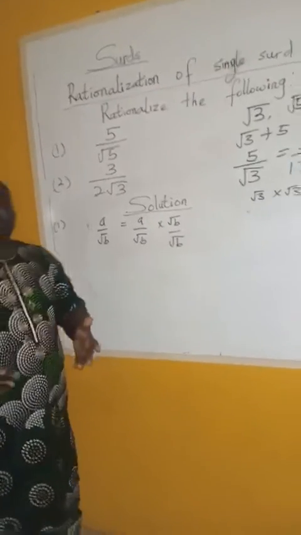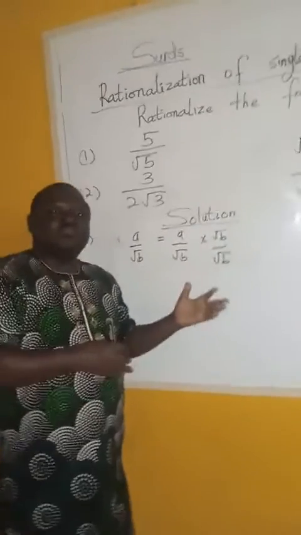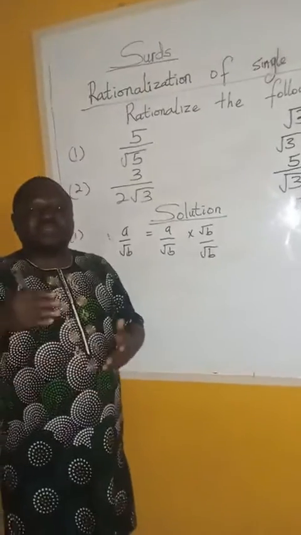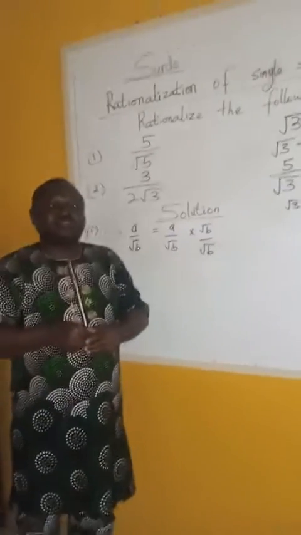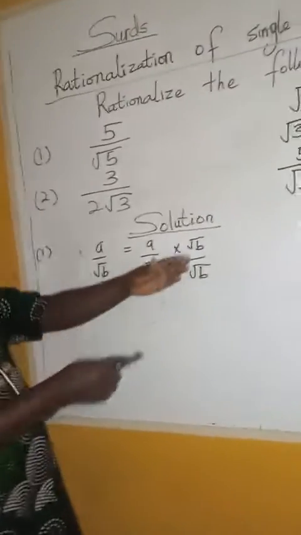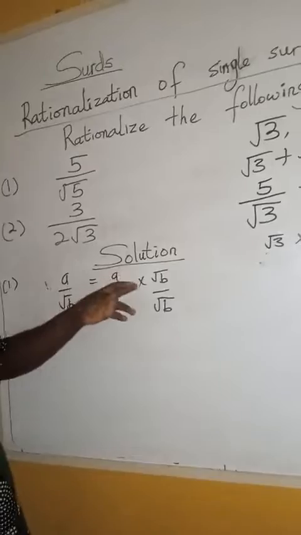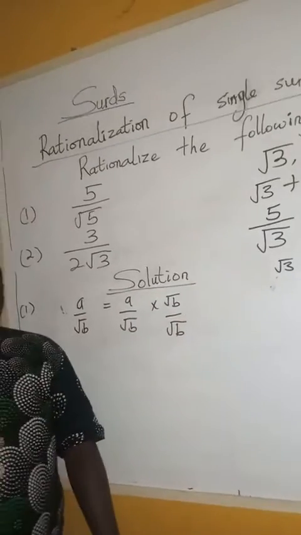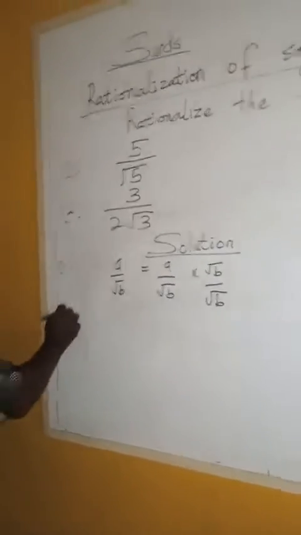But in mathematics, whatever you do to a quantity, you must equally do to the other quantity. So if you multiply the denominator by itself, you have to also multiply the numerator by that surd. So now let's simplify number 1 to make it clearer.